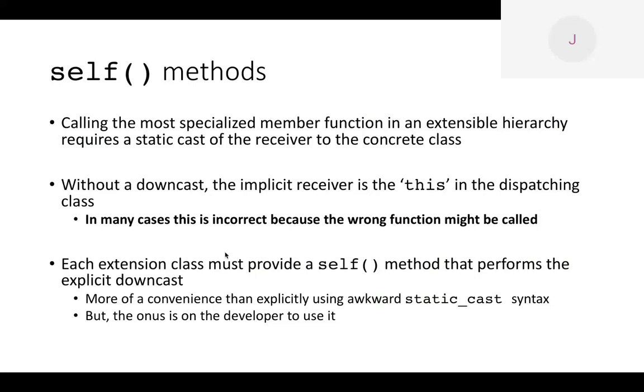It's really more of a convenience than explicitly writing out that static cast syntax, because it's very long and awkward in some cases to write out the full static cast of your concrete class. But the onus is on the developer to actually do this. There isn't any C++ requirement that you have to do this. It may appear to work just fine, but you may get bad things happening on you.